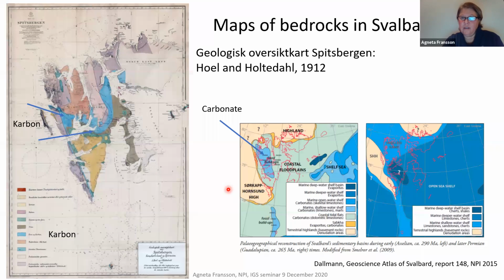The other figure here is a reconstruction of the Svalbard sedimentary basin from about 300 million years ago, when this carbonate bedrock was formed from marine limestone, from both deep and shallow limestone.